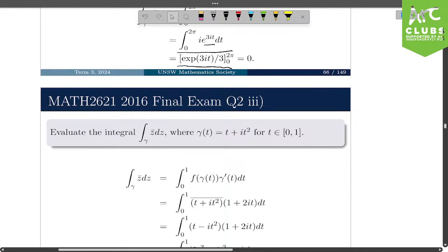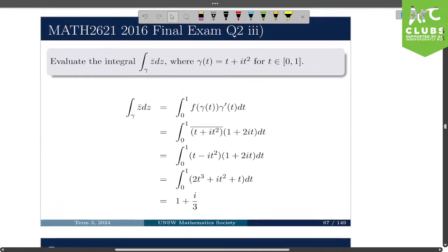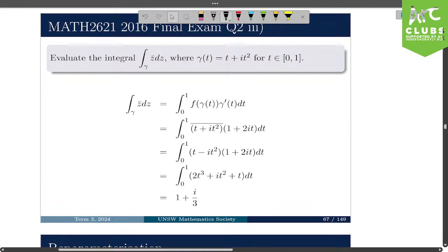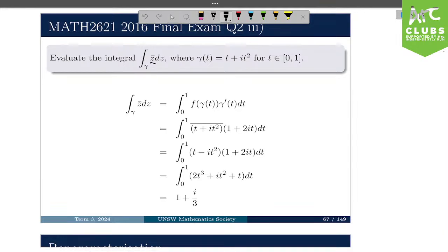All right, a little bit of a trickier one. Here we're integrating the conjugate of z, which is a function that obviously isn't defined along the real line. So here we substitute in our parameterization that we've already been given, t plus it squared.